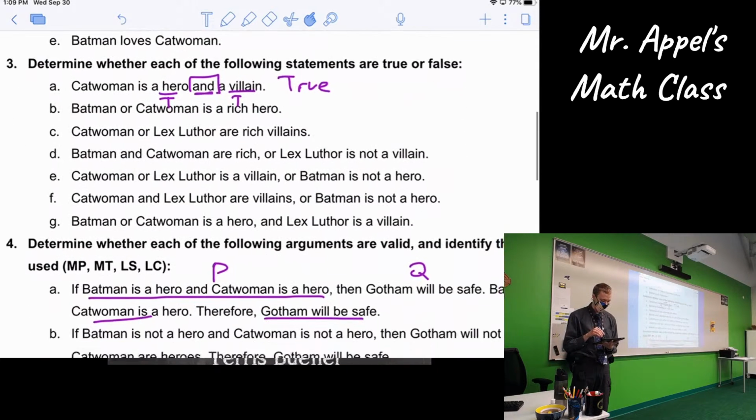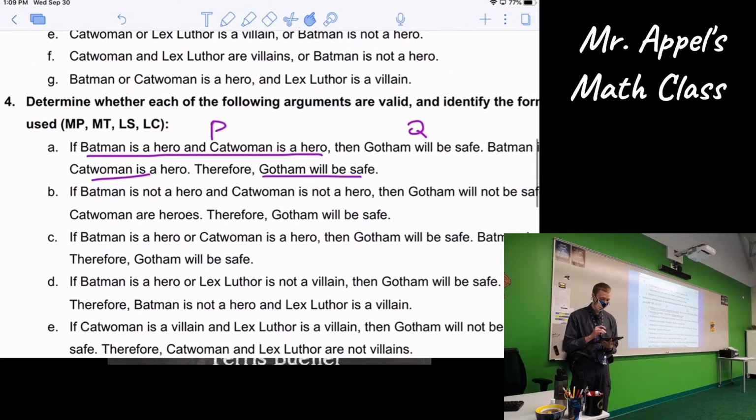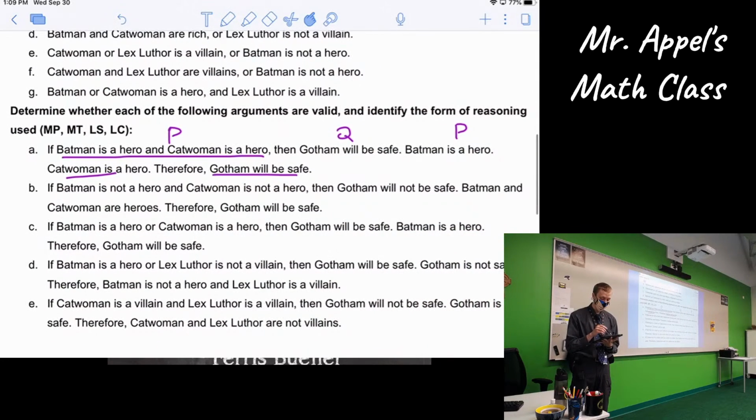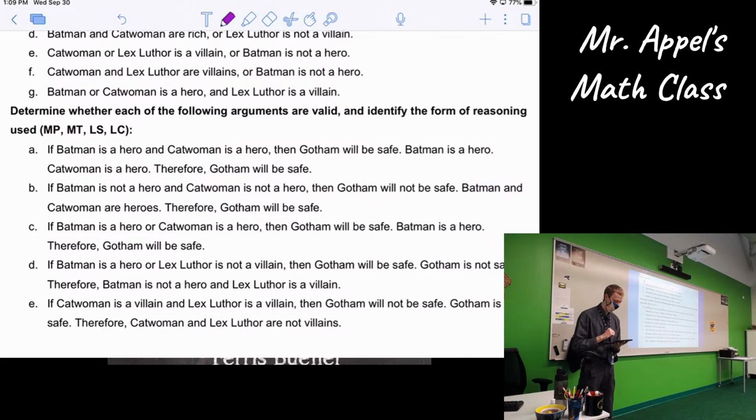All right, and then for section 4, we are identifying the type of reasoning used, if any. Let me clear the comments there. These ones are not inherently going to rely on the previous facts to determine it's true.